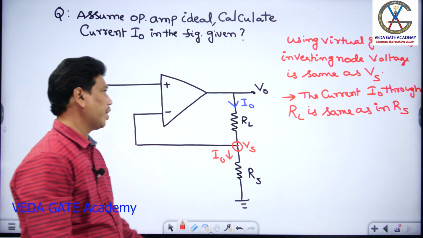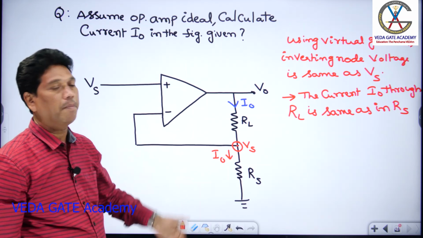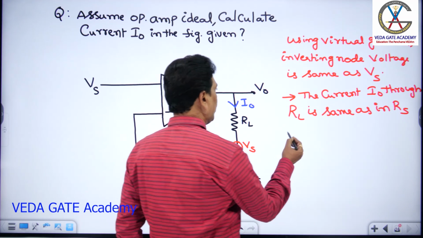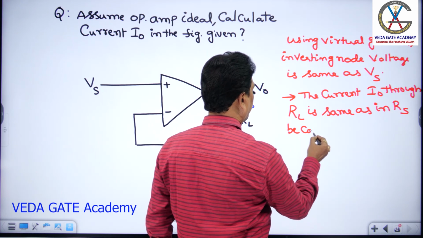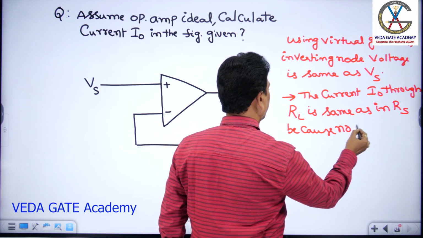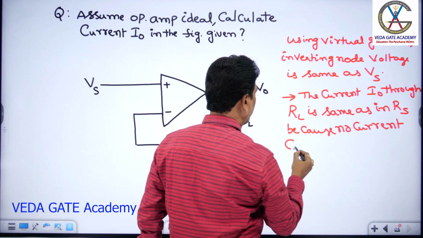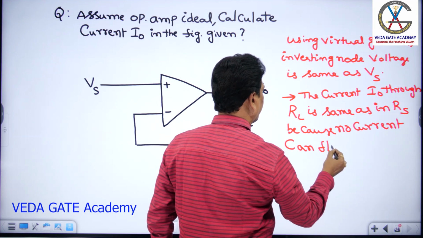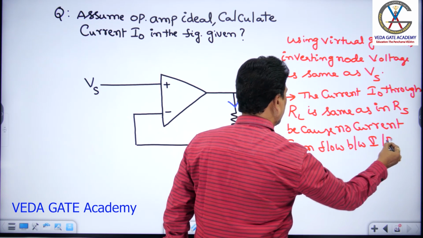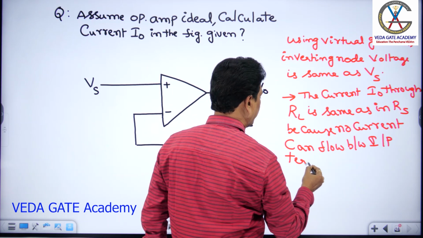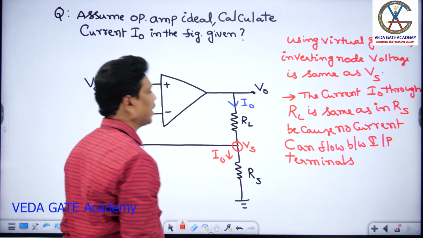The current I0 through RL is the same as in RS because no current can flow between the input terminals of the op-amp.